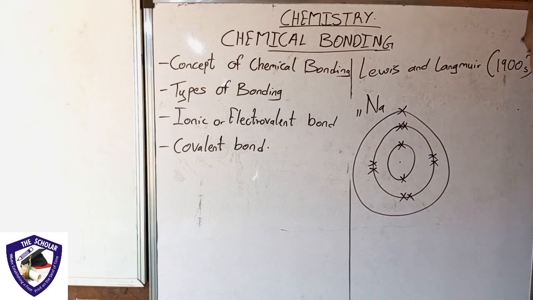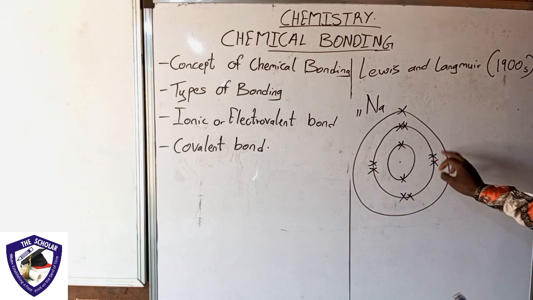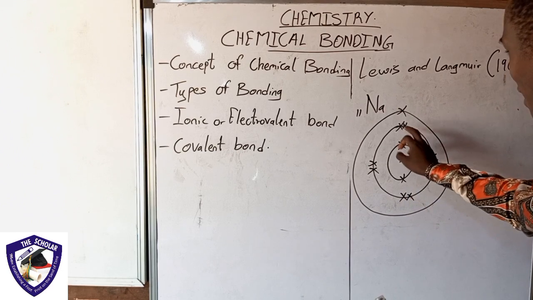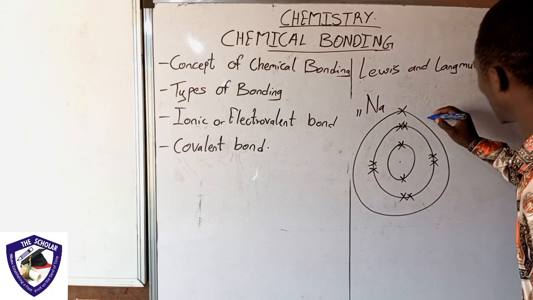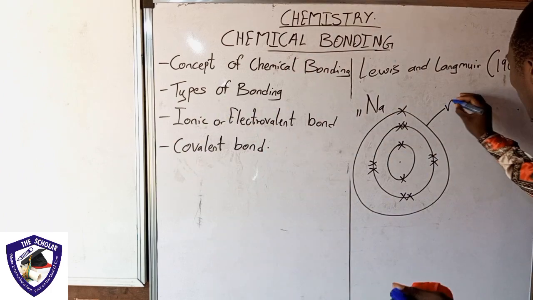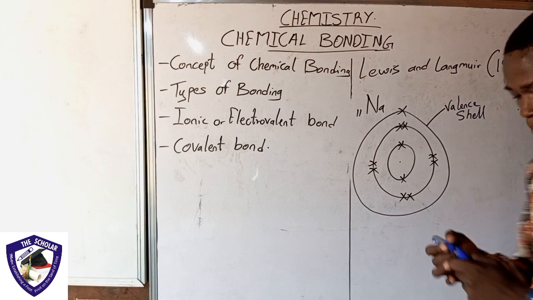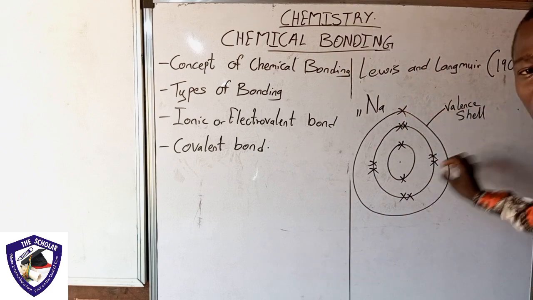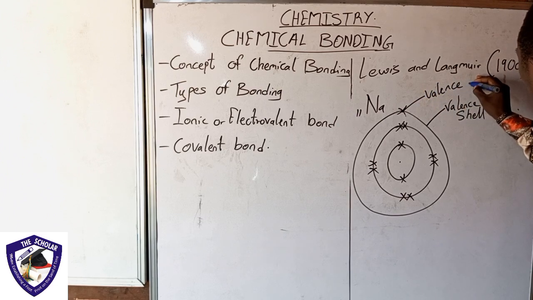We have 11 electrons. 1, 2, 3, 4, 5, 6, 7, 8, 9, 10, 11. Now, in the electronic configuration, the outermost shell is referred to as the valence shell, or you call it the outermost shell, while the electron at the outermost shell is referred to as valence electron.